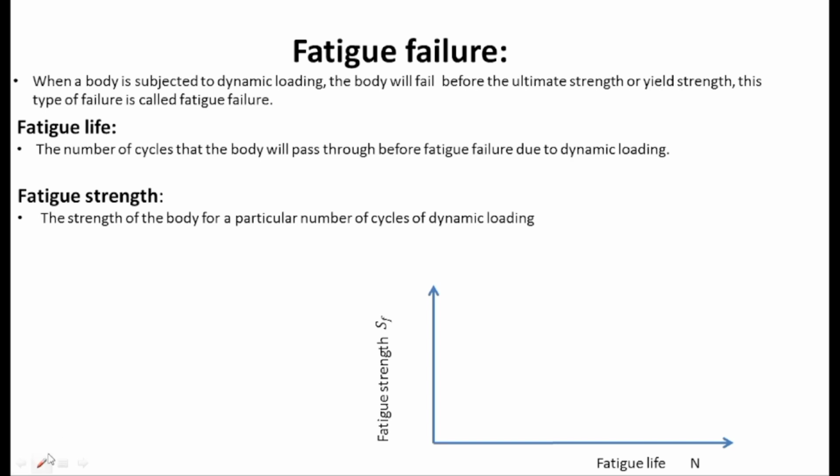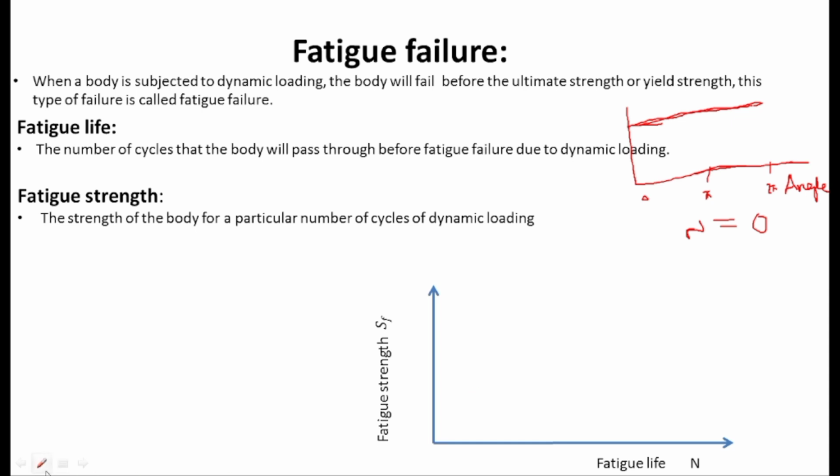Now, as we know, when there is a static load, this is the angle or the rotation, 0, pi, 2 pi. When it is a dynamic load, the stress will be like this, or in other words, the number of cycles for the static load is equal to 0.